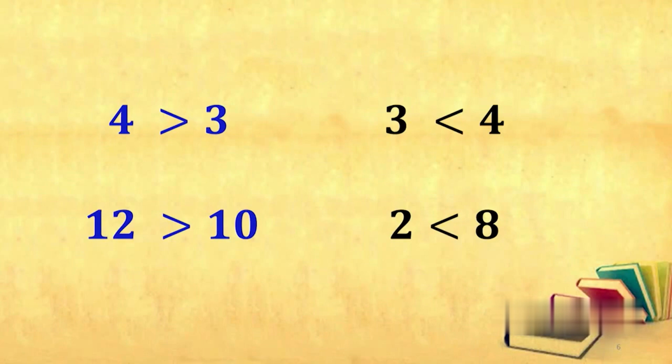Okay, children, read these inequalities with me. 4 is greater than 3, and the other side 3 is less than 4, and also 12 is greater than 10, then 2 is less than 8. Right.